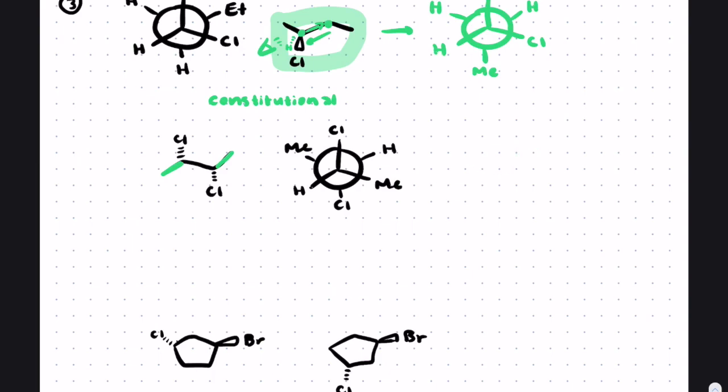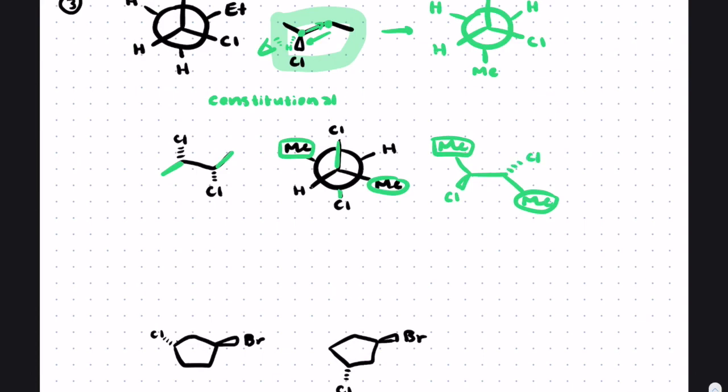We have a methyl here and a methyl here. And I'm going to say, sorry, actually I should do it this way. That makes more sense. So we have this methyl is this guy, and we have this methyl in the oval is this guy.